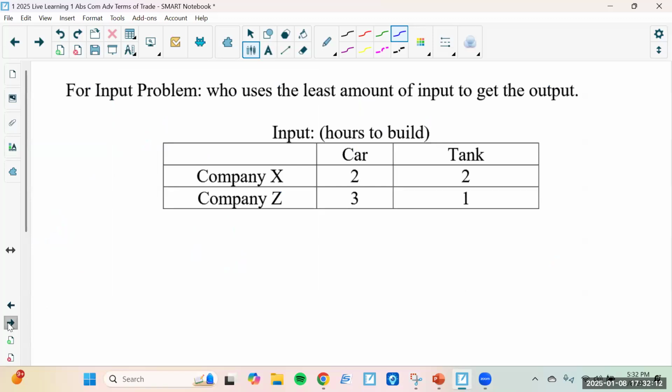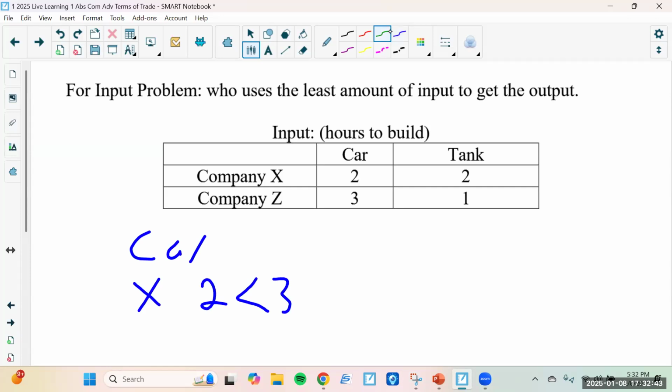Now, take a look at this one. This is an input problem. So this is hours to build. Who has the absolute advantage in car production? See if you can solve it. And the answer is company X. Company X has the absolute advantage in car production because 2 hours is less than 3 hours.